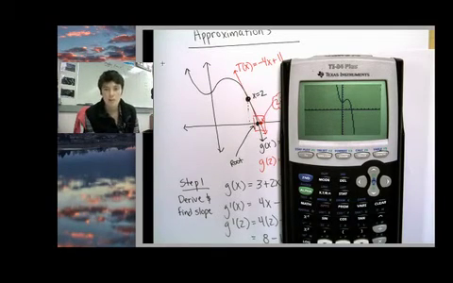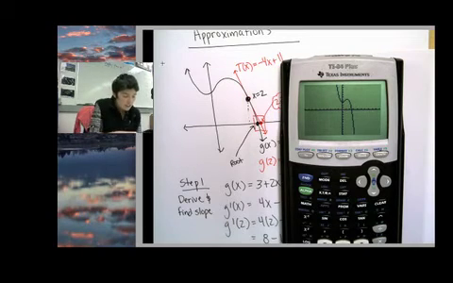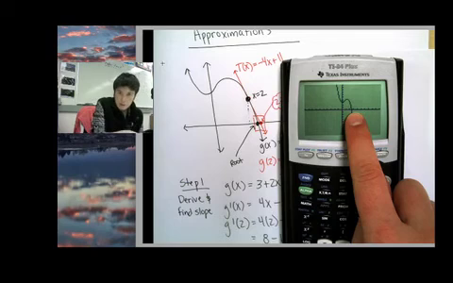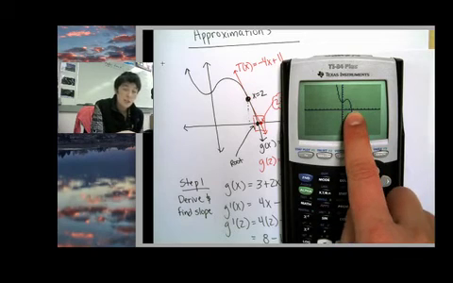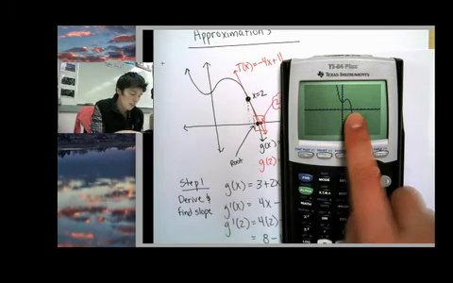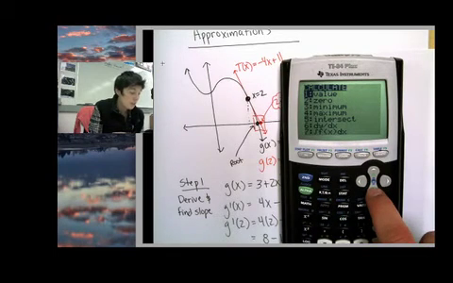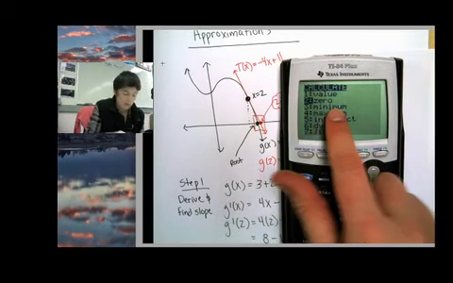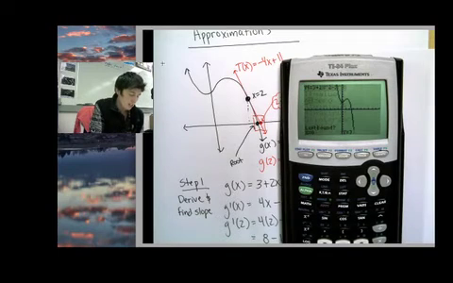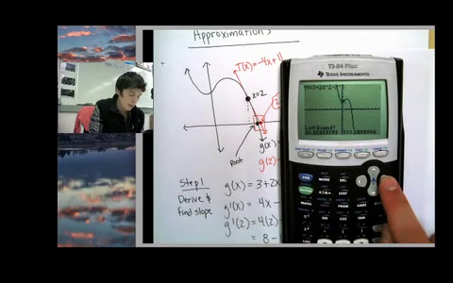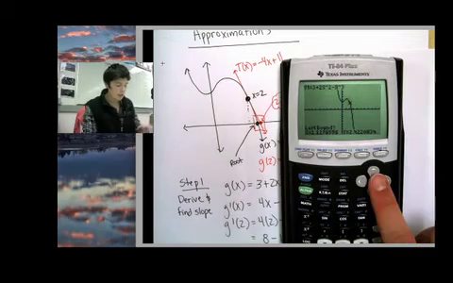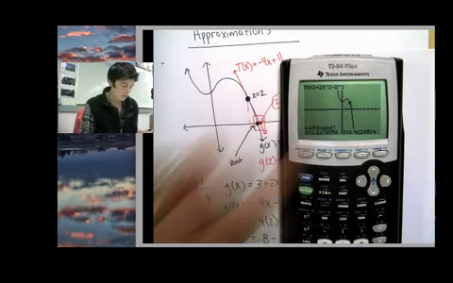Now if I want, I could put my tangent line on here too in a minute, but let's wait a second. Let's find this root using the calculator. See where it crosses? It's around 2.75, I think. So I'm going to go second calc, and I'm going to go down to a 0. 0 means root, and I'm going to enter. And it's going to ask me for a left bound, so I'll scroll around with my arrows here, and I want to be on the left side, so somewhere up here, and hit enter.